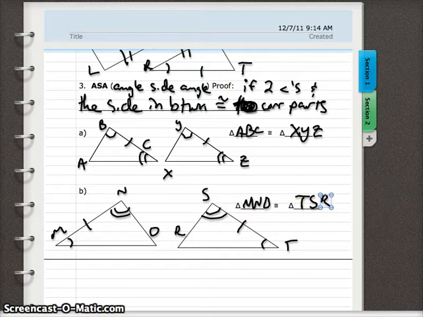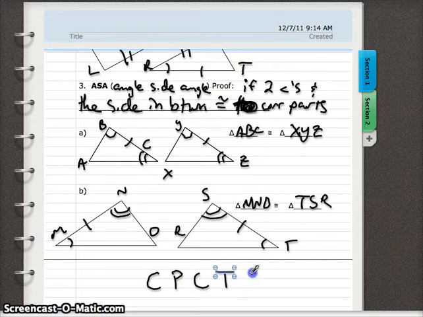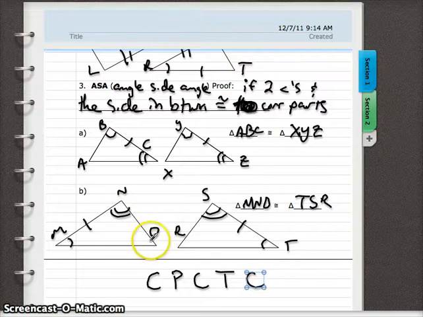That's our 3 proofs. The one last thing I want to emphasize here, and we'll get into this a whole lot more, is corresponding parts of congruent triangles are congruent. So if we can prove that 2 triangles are congruent, like we did here, we just happen to use angle, side, angle in this proof, then any of their corresponding parts, doesn't matter if they're segments or angles, any of their corresponding parts are also congruent.